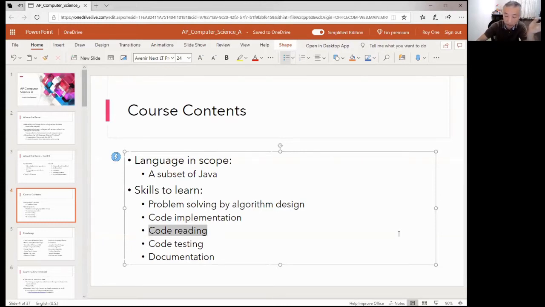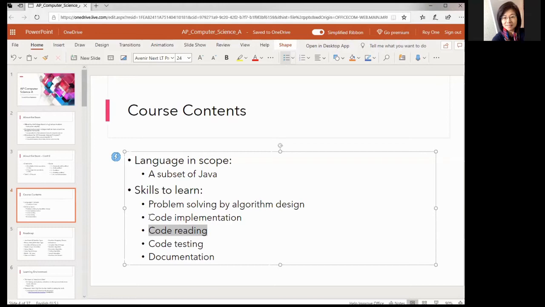That reading is the one thing you can get most of your score from, hopefully. But of course, implementation and problem solving by design are also important. I will carry them out in the class for you guys.